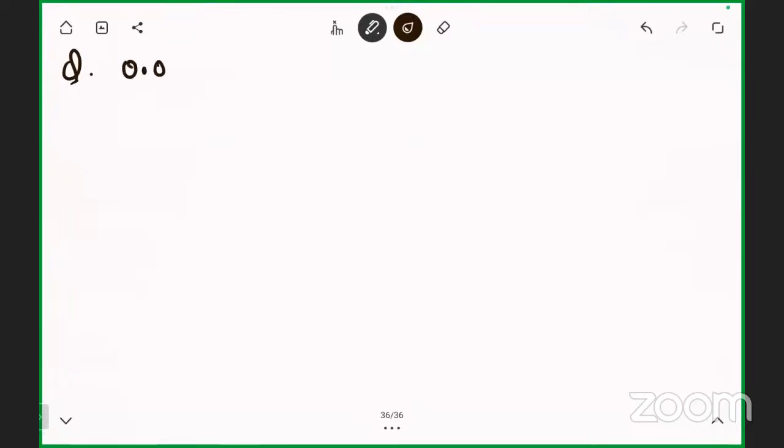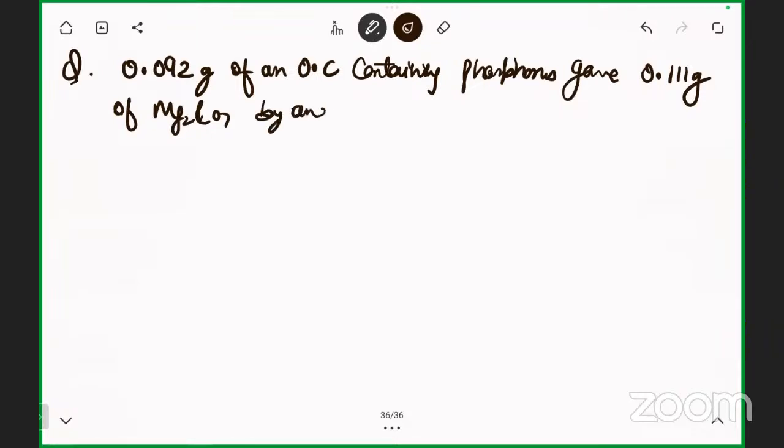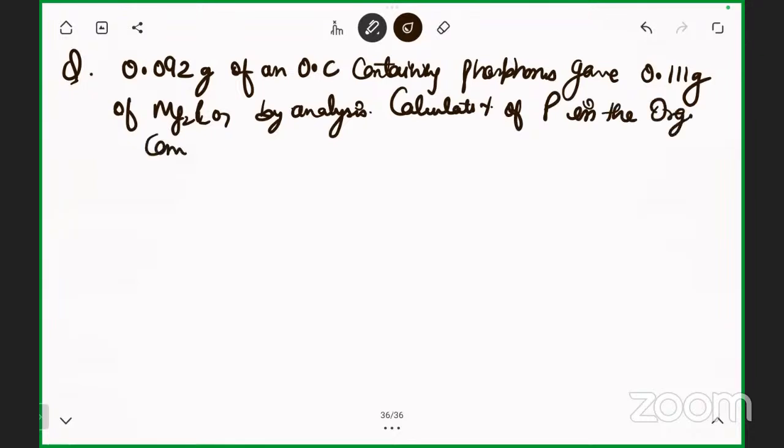Question: 0.092 gram of an organic compound containing phosphorus gave 0.111 gram of Mg2P2O7 by analysis. Calculate the percentage of phosphorus in the organic compound. Yes. Tell me the percentage within 2 to 3 minutes. Fast.